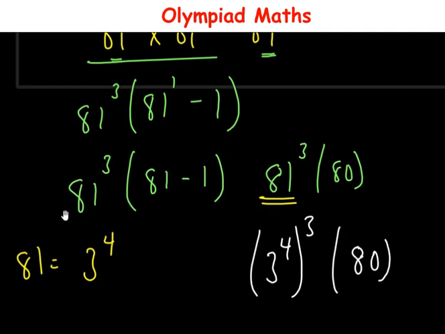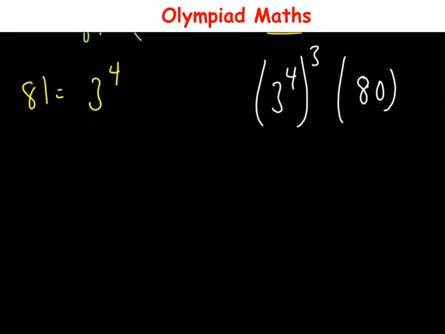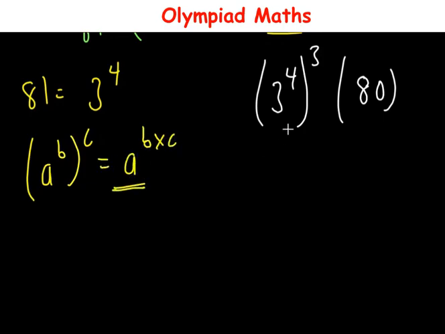We apply the principle of indices that a raised to power b, all raised to power c, equals a raised to power b times c. So this becomes 3 raised to power 4 times 3, which is 12, multiplied by 80.